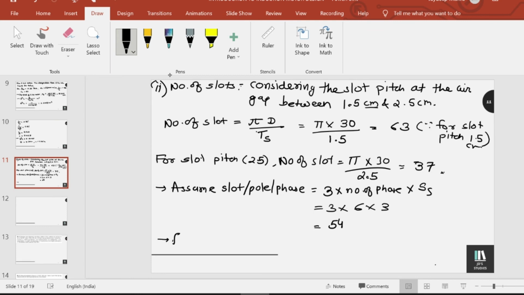And now flux per pole is B average into pi into D into L divided by number of poles.